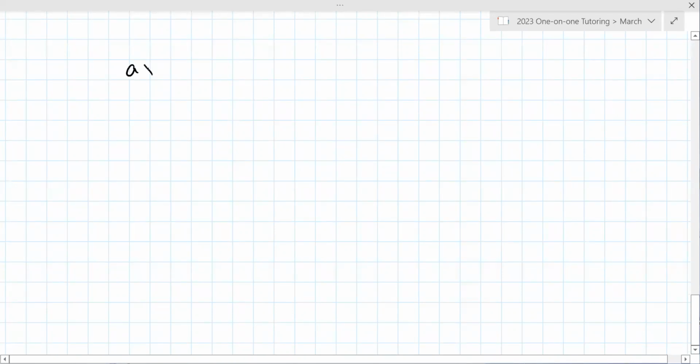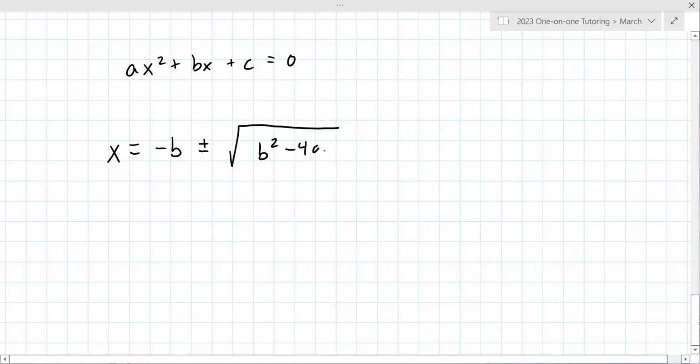So the quadratic formula comes from ax squared plus bx plus c equals 0. You get a bunch of problems like this, and then the quadratic formula is minus b plus or minus the square root of b squared minus 4ac all over 2a. You've seen that before, I think.